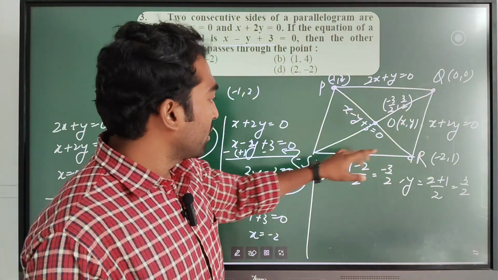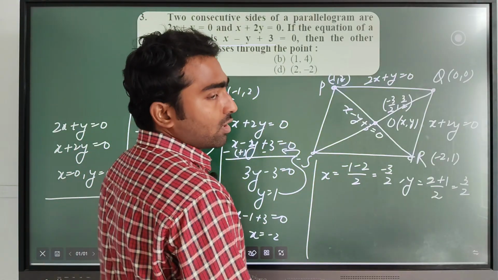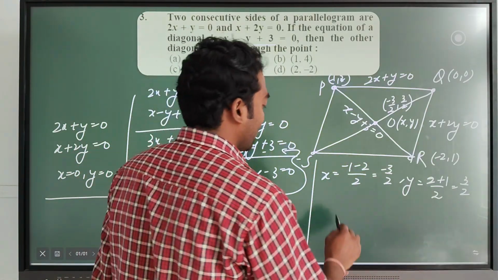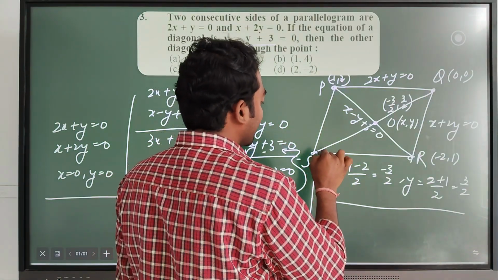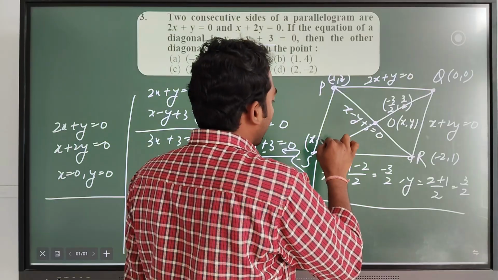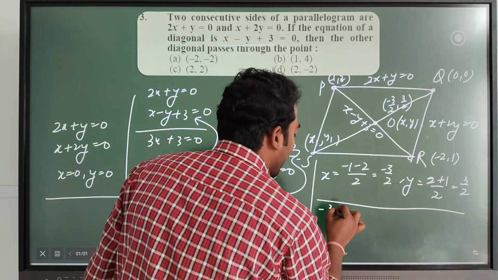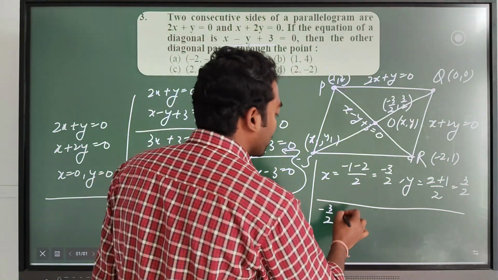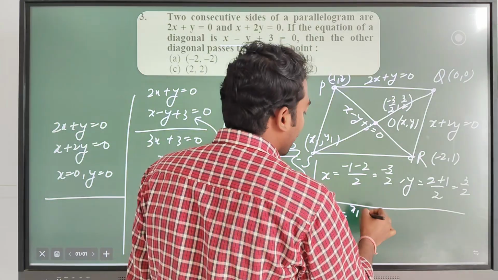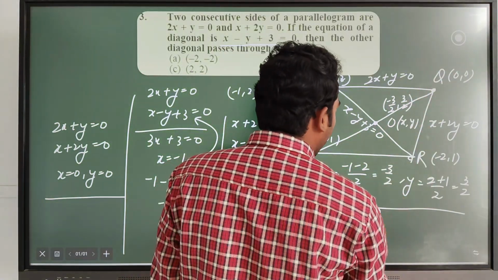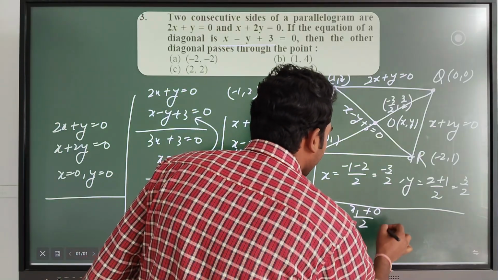Now we have to find the coordinate of S. For finding it, we are also using the concept of midpoint for that particular point S. Let us suppose the coordinate of S is x1 comma y1. Which means minus 3 by 2 is equal to x1 plus 0 by 2, so x1 is equal to minus 3.